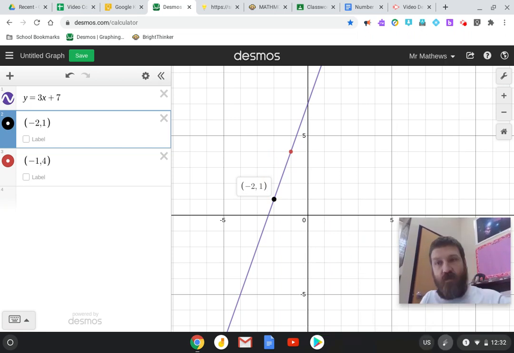And so the slope of this line would be 3 over 1, which you'll notice is right here. I'm going to talk about that in a second. But the slope of this line is 3 over 1. So let's jump back over to our lesson and talk about what this means for us.